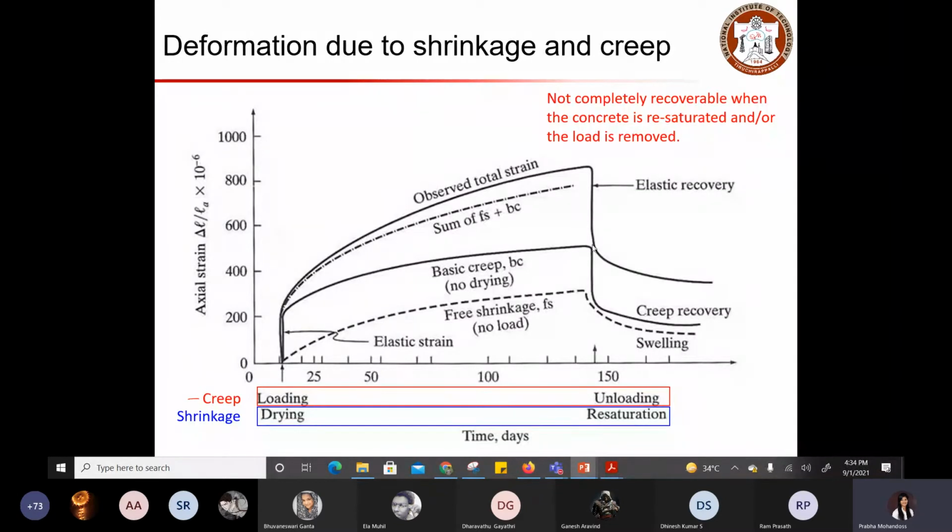The strain reduction indicates elastic recovery, and the remaining portion is what we call inelastic deformation, or permanent deformation. Similarly, when you remove the creep loading, you will observe some amount of creep recovery, and finally you have this much strain left on the concrete surface as permanent deformation.